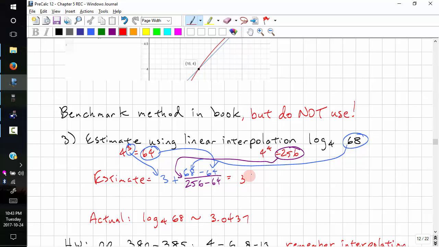This gives us 3 and 4 over 192, and this simplifies to 3 and 1 over 48. This is your answer. Leave it like that.